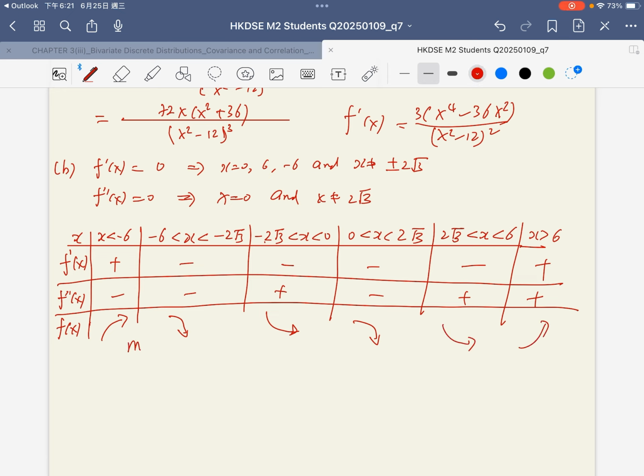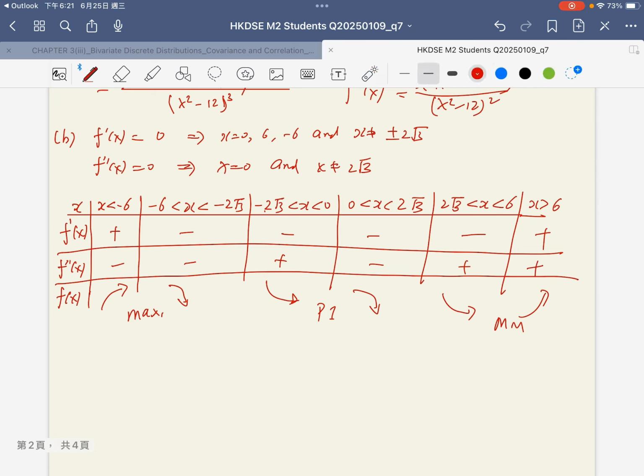This is the maximum, this is the minimum, this is the point of inflection, and these 2 points are the asymptotes. Therefore, in part B there are 2 turning points. One is the maximum point at x equals negative 6, and putting it into the function gives negative 27.